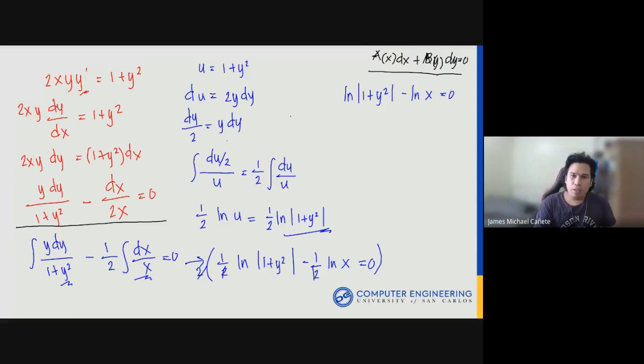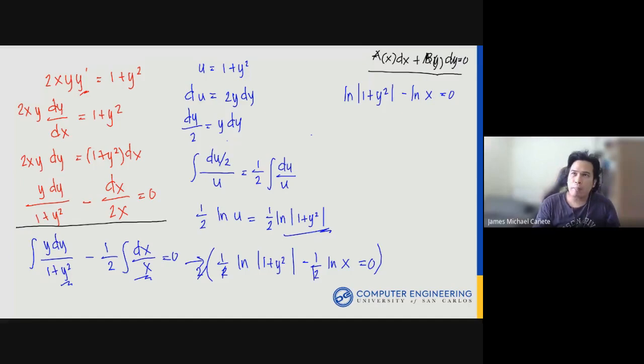If it's the natural log, one way to remove it is to use e. That's the full name of e. It's a function, right? Euler's function.